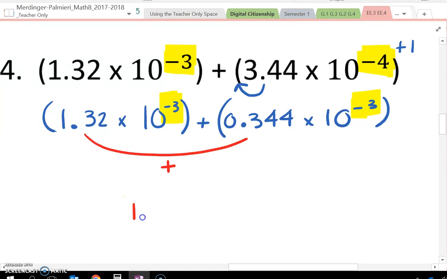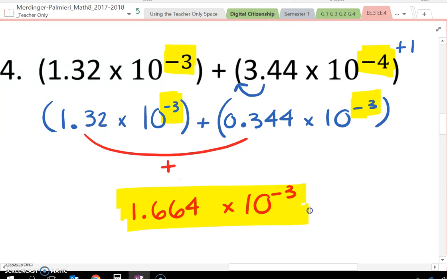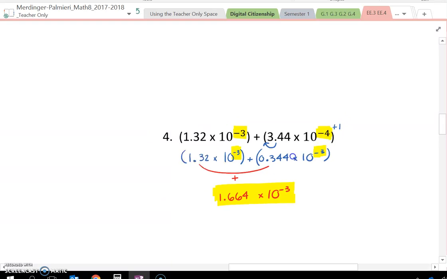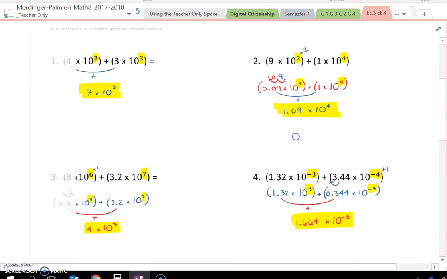So your answer would be 1.664 times 10 to the -3rd power. Again, remember that it's important that you keep your exponent common for your final answers. So that is adding in scientific notation.